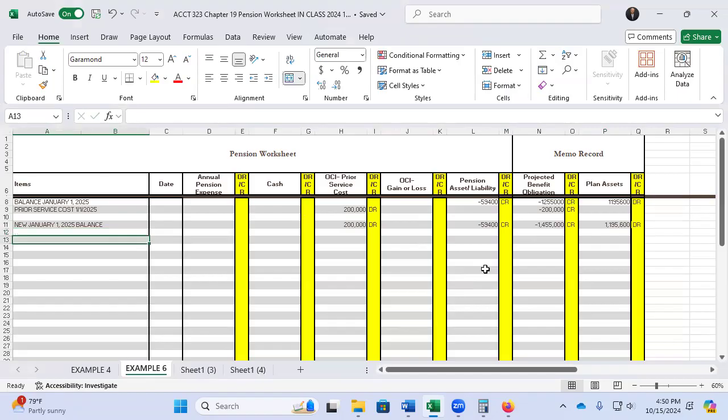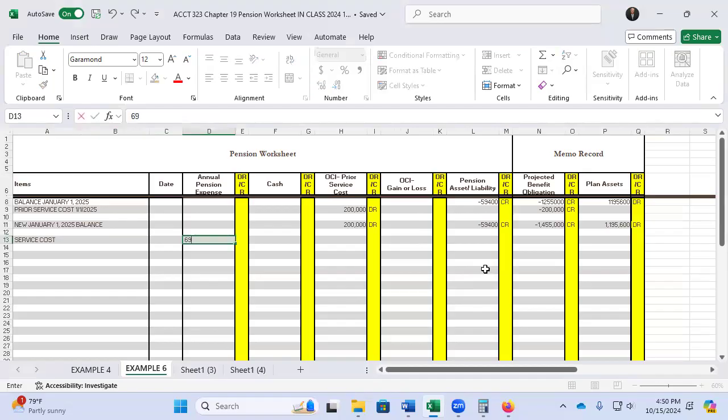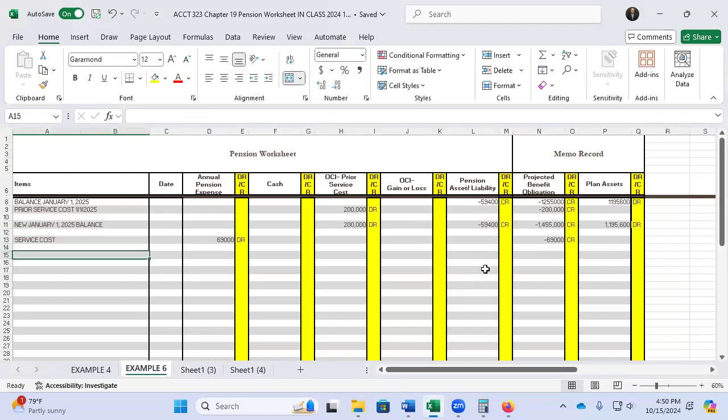So now we can go through our components, and we have service cost. Our annual pension expense, 69,000. That's a debit. It's increasing our obligation. So that's a credit. And we're going to have our interest cost.